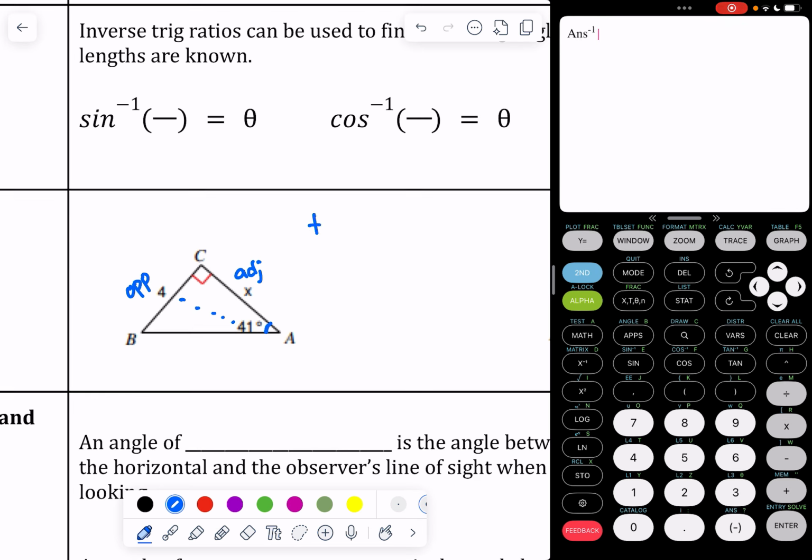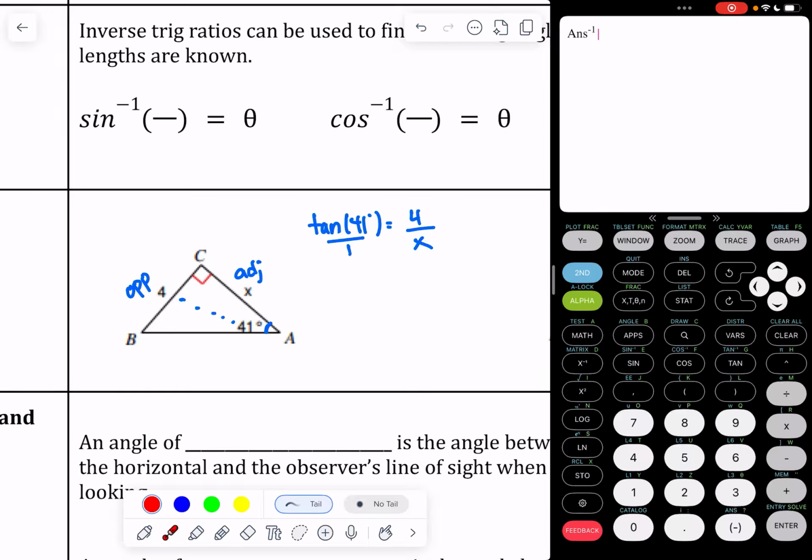So it's going to be tangent of 41 degrees is equal to opposite 4 over adjacent x. So we have options here for how we could solve. Like we could, if we're trying to get x by itself, we could multiply each side by x and then work from there. But since we have a fraction on the right side, something that can also help is just turning the left side also into a fraction.